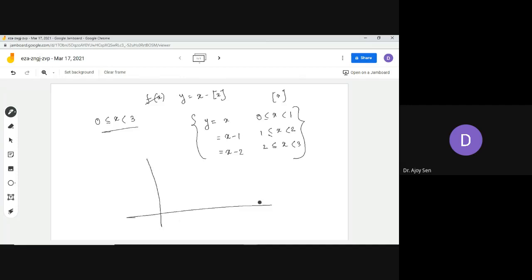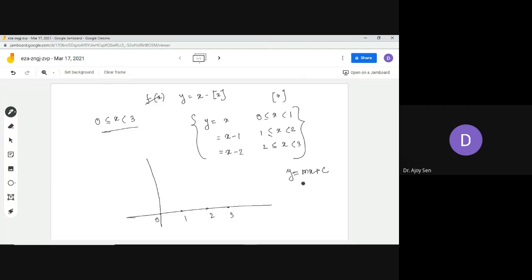How to draw the function? So see, this is 0, this is 1, this is 2, and this is 3. So whenever x is running from 0 to 1, the function is y equals to x. As you know, this is the equation of a straight line, y equals to mx plus c.